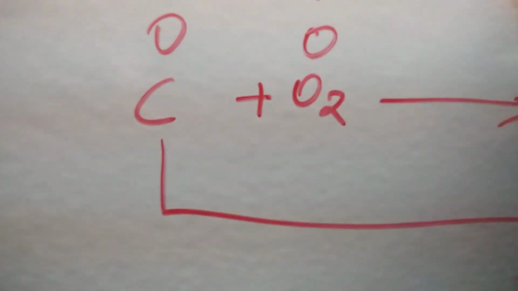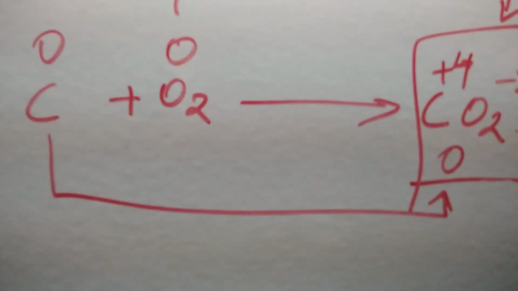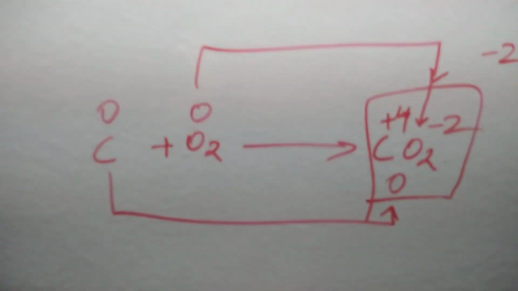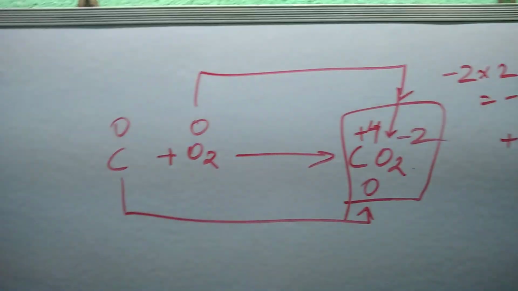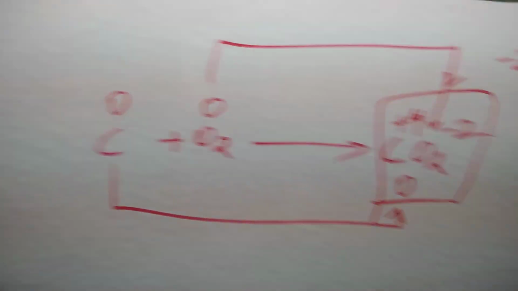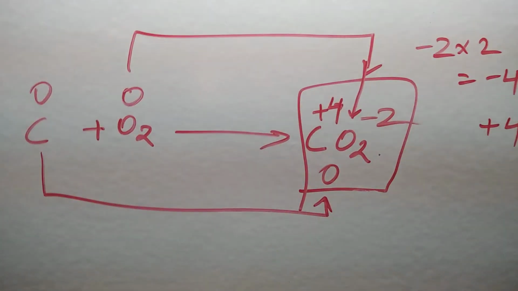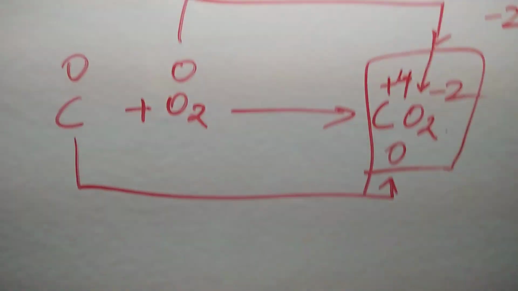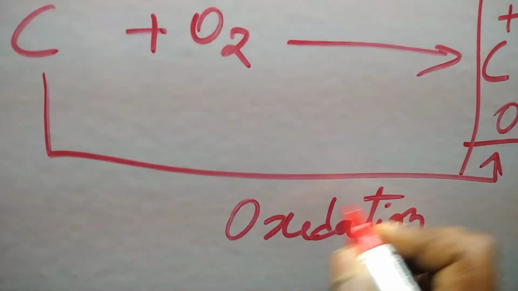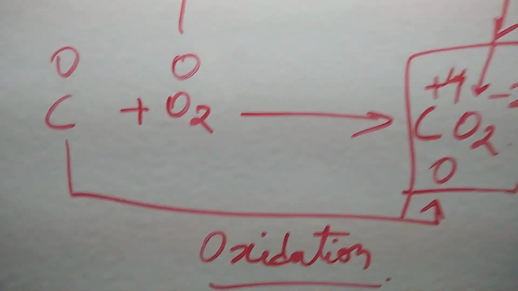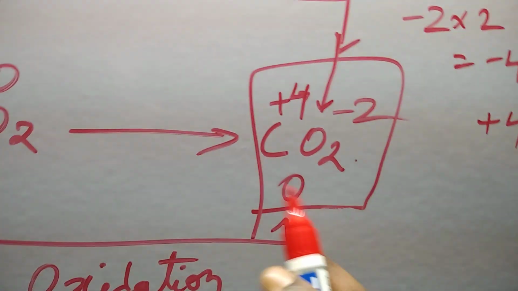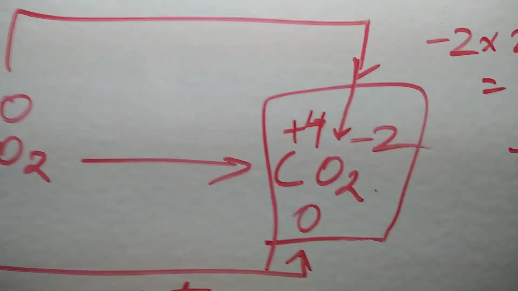Carbon, oxygen. Now see, students. On the reactant side, carbon's oxidation number is 0, but on the product side it is plus 4. That means it is increasing. That means it is oxidation. And here oxygen on the reactant side is 0, but on the product side it becomes minus 2.